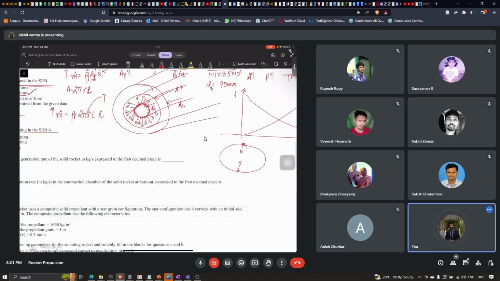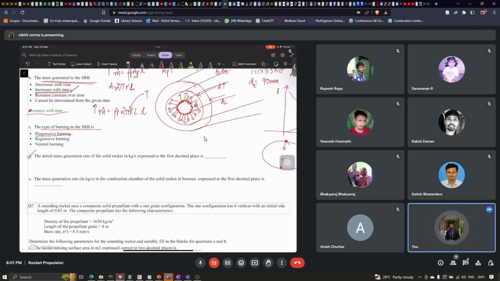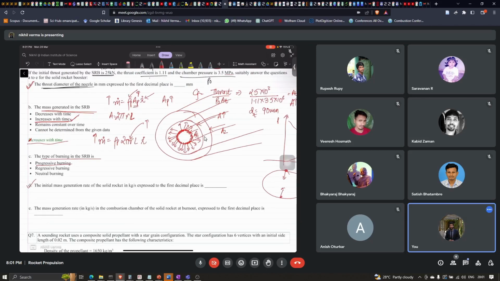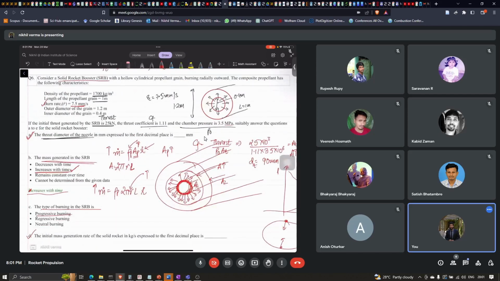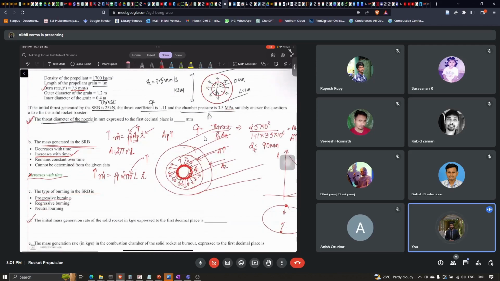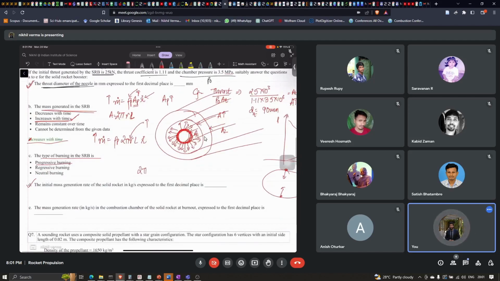Okay, so next is the initial mass generation rate of the solid rocket. Initially what area will you be having, the inner area, right? So that will be 2 pi r1, that is the inner radius, into length, this is the area, then density of the propellant into r dot.